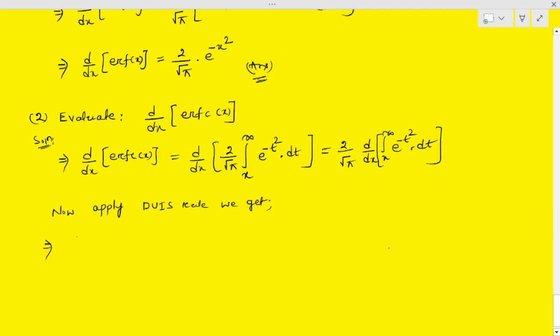That implies d by dx of the complementary error function of x will be equal to 2 by root pi, a constant taken outside.